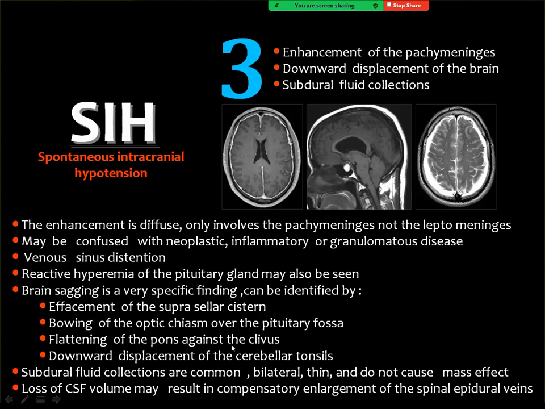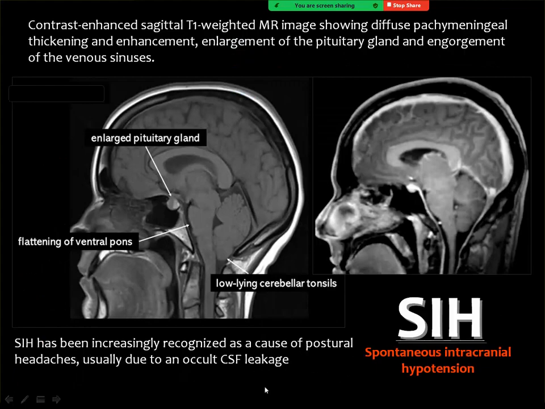flattening of the pons. The pons is usually rounded from its anterior aspect, now it is straight against the clivus, with downward displacement of the cerebellar tonsils through the foramen magnum. And this is the prominence of the pituitary gland, and this is the flattening of the anterior aspect of the pons compared to the normal appearance.